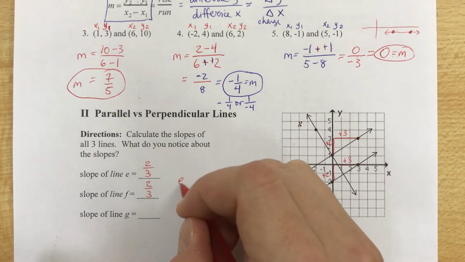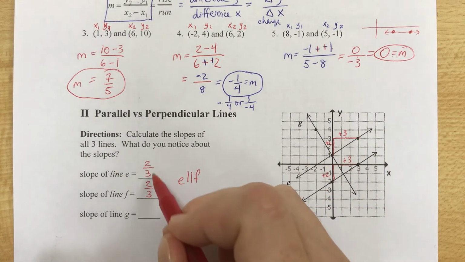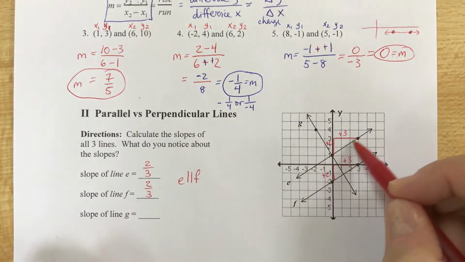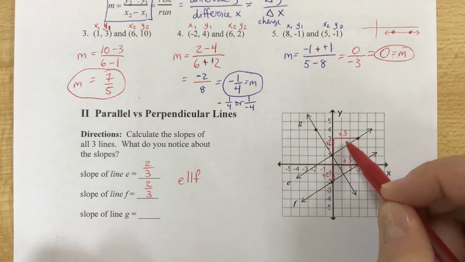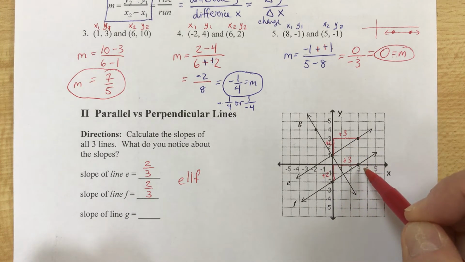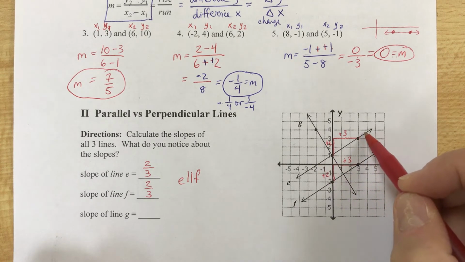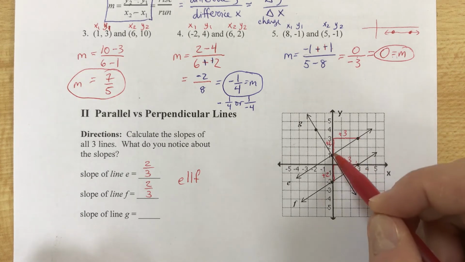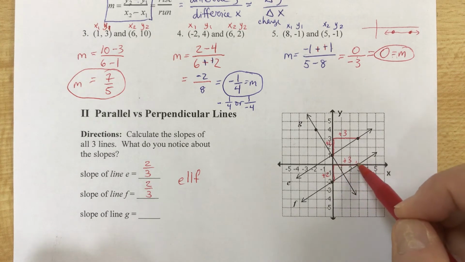Parallel lines are going to have equal slopes. And this should make some sense because parallel lines are going to move in the same way, and they're never going to cross. So for that to happen, they're going to need to have the same rise and run so that they're moving the exact same way. So parallel lines will have equal slopes.